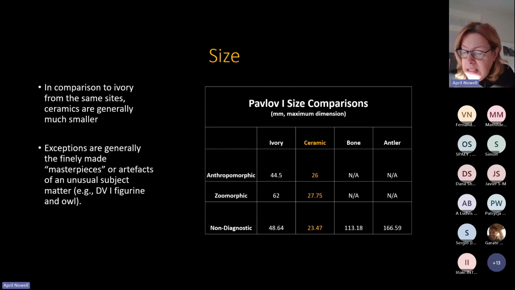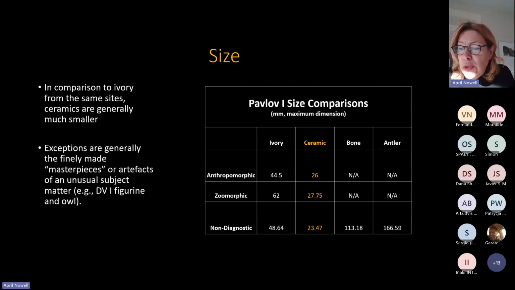And what we found, what you can see in this chart here, is that the ceramics are significantly smaller. The anthropomorphic and zoomorphic figurines in ceramics are about half the size of similar artifacts made out of ivory.